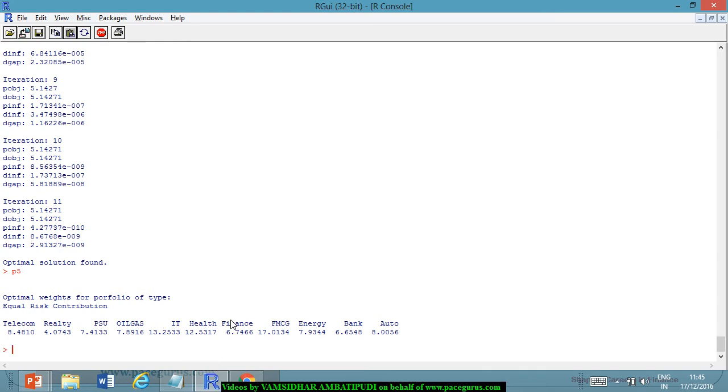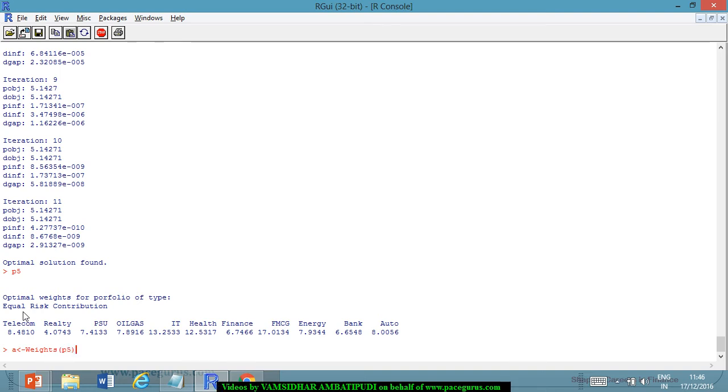But now let's see what the overall portfolio variance is in this case, right? In the earlier cases we have seen what the variance is in each case.